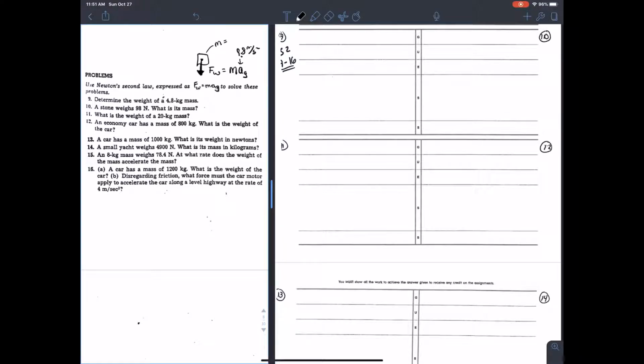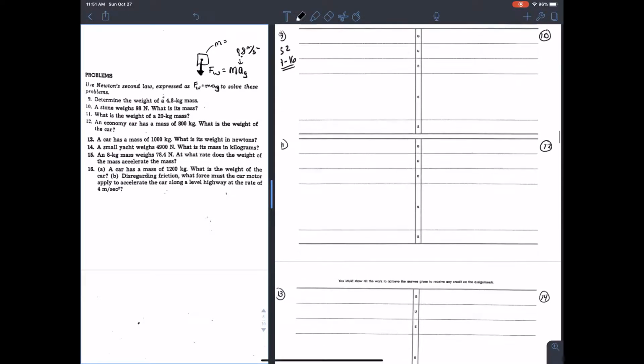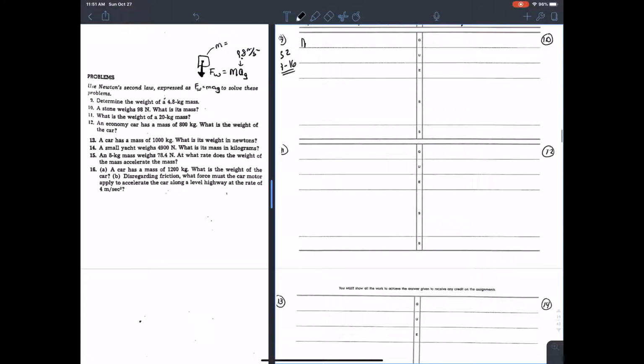All right, we have number 9. It says determine the weight of an object that has a mass of 4.8 kilograms. No matter if you're on the moon, on the Earth, or anywhere else, you're still going to have that amount of matter, 4.8 kilograms.